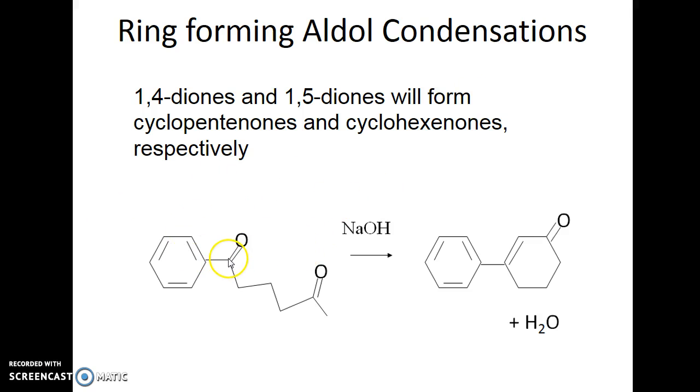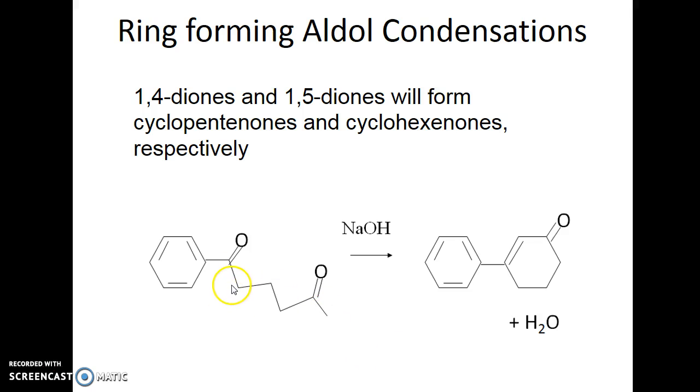So if I look at this, 1, 2, 3, 4, 5, well, how is the aldol condensation going to form? What's going to be doing the nucleophilic attack? You're not going to form anything but 5- and 6-membered rings. Other size rings are not favored for formation. Thermodynamically, they're not as stable, so they don't favor formation.